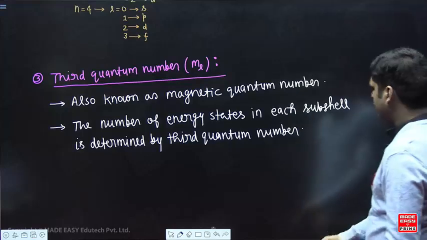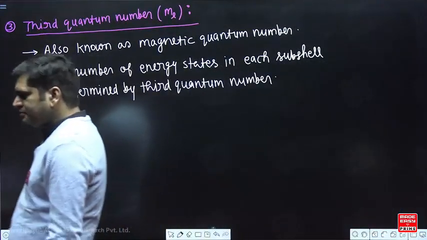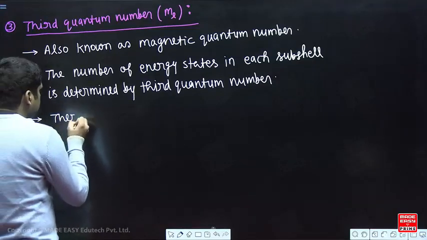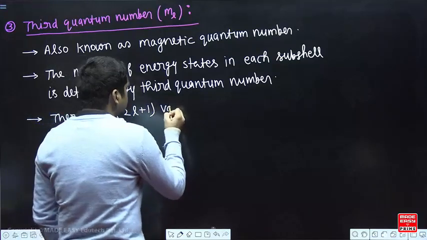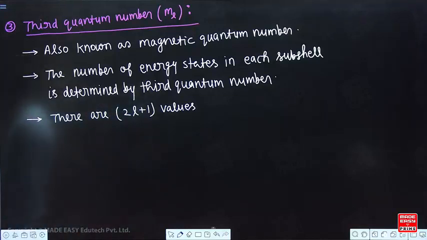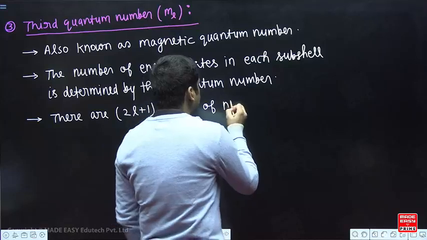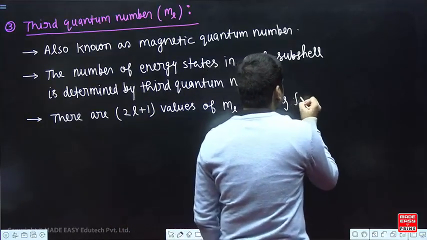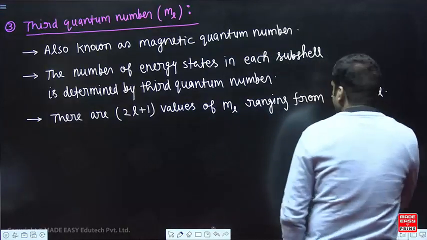There are 2L plus 1 values of ml, ranging from minus L to plus L.